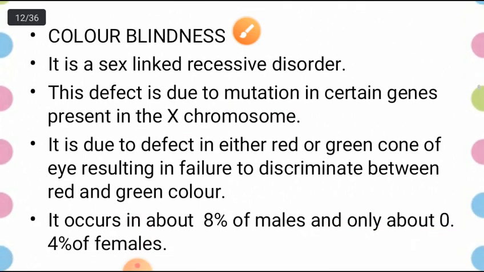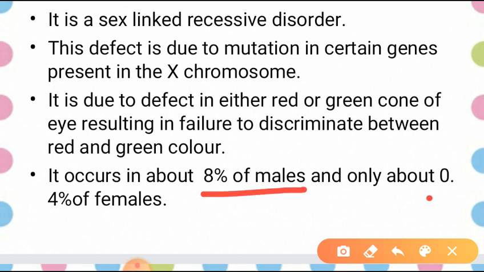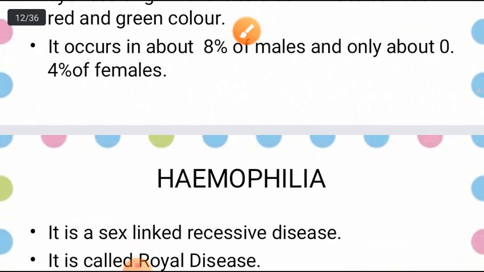And it occurs in about 8% of males and 0.4% of females. So it is common among whom? Among the males. Always remember, sex-linked recessive disorders are more common in males than in females. Why is it common in the case of a male?